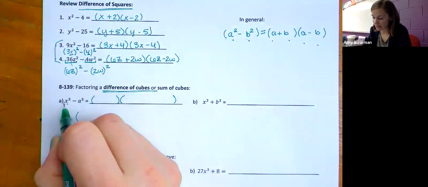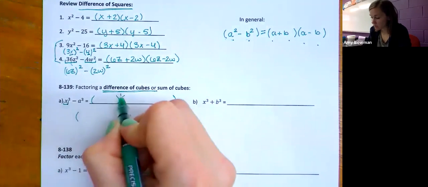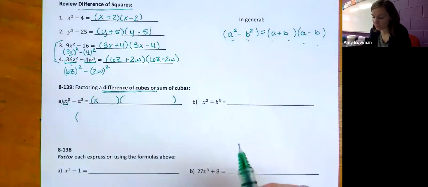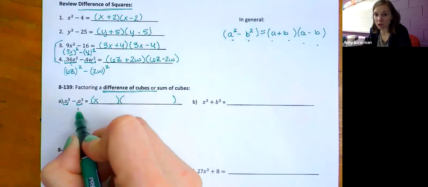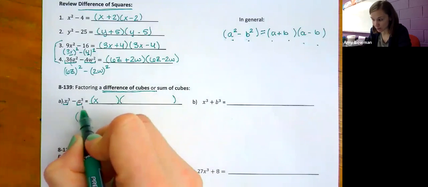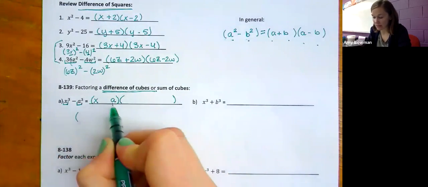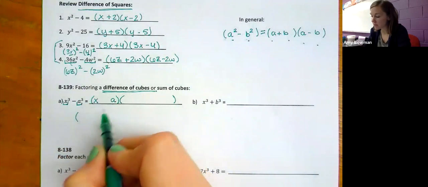Whatever is being cubed to get x cubed, which is just x, is the first term of the binomial. And a itself, not a cubed, but whatever I'm cubing to get a cubed, which is just a, is the second term. I'll get to the signs, the plus or minus, in a minute.